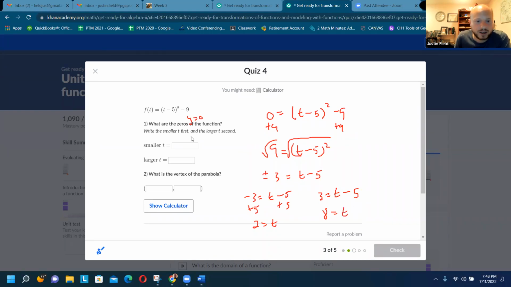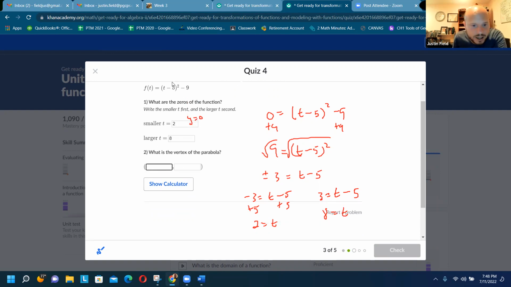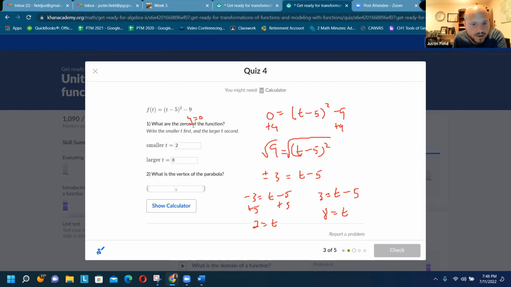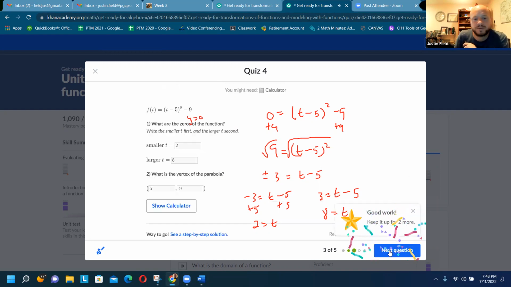So 2 and 8. And then the vertex is really easy in vertex form. It's going to be (5, -9), because it's the numbers that we see, just that the x value is the opposite of what you see in the function.